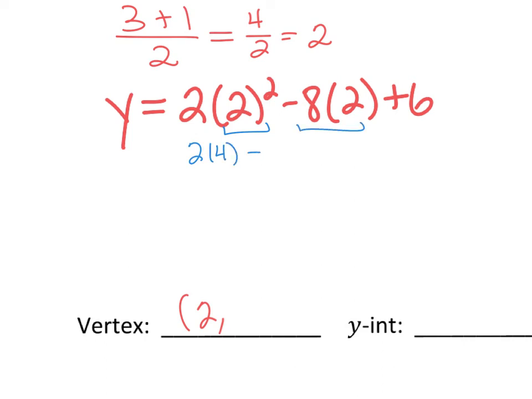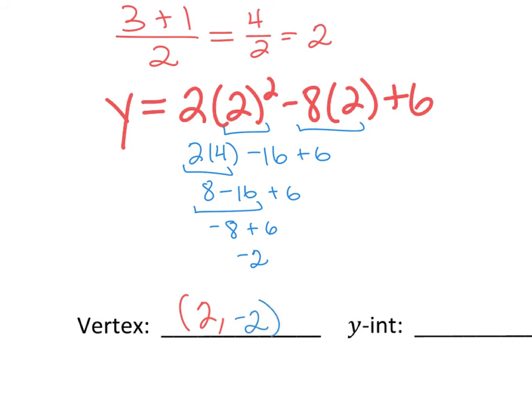And I'm going to go ahead and do 8 times 2, so minus 16 plus 6. One more piece of multiplication, 4 times 2, minus 16 plus 6. And I'm going to keep simplifying to get my y value as negative 2. Double check my work.